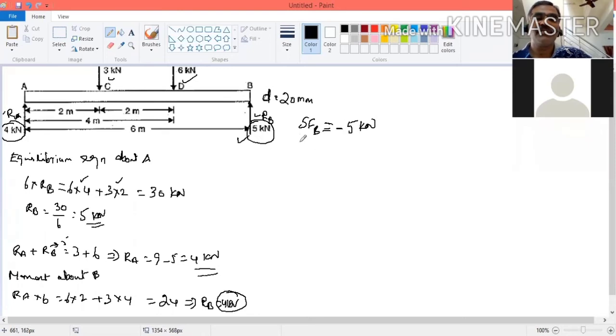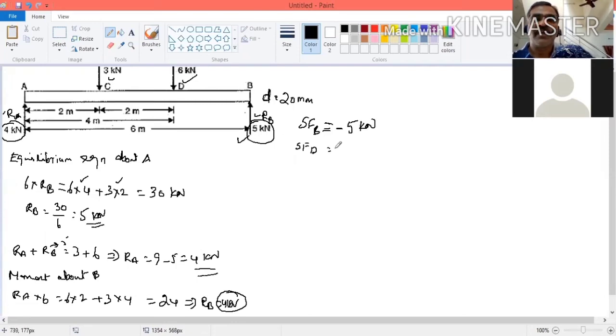And what is the shear force at point D? Whenever there is a point load, you have to calculate the shear force two times, because there will be a sudden change. This 5 kilonewton force will be uniform up to this point. Then 6 will increase.